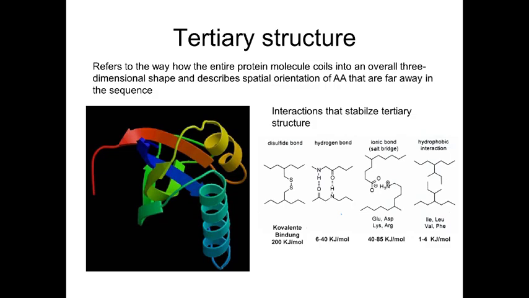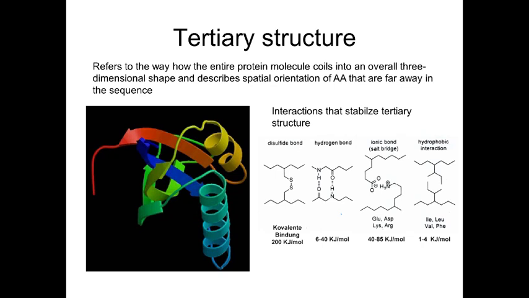Now we come from the secondary structure to the tertiary structure. The tertiary structure refers to the way the entire protein molecule coils into an overall three-dimensional shape, and describes the spatial orientation of amino acids that are far apart in sequence.